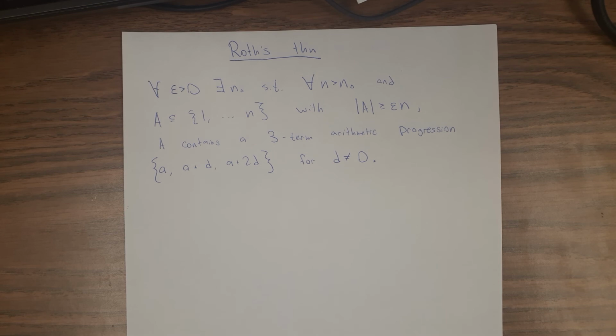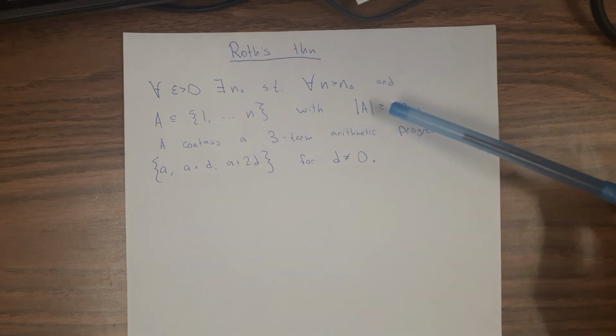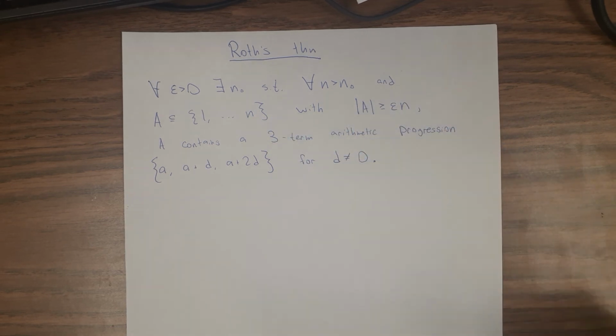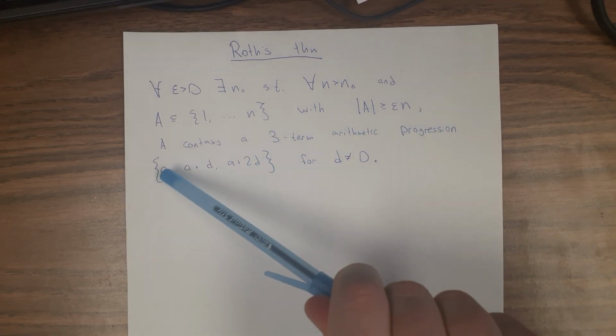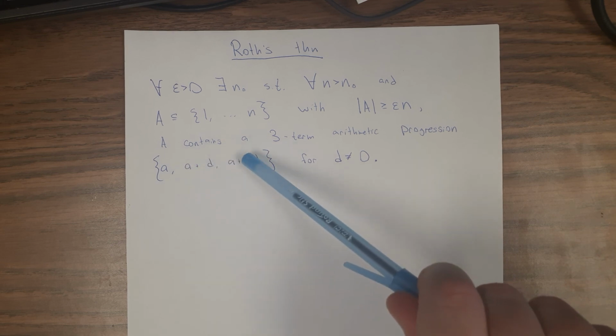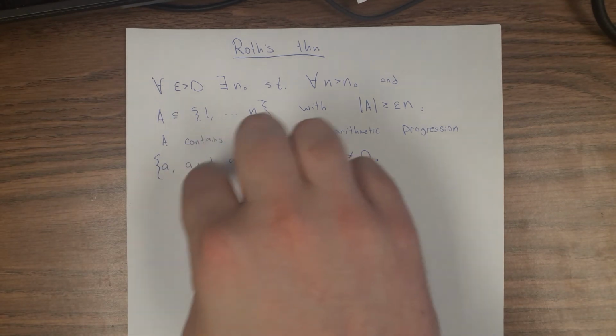And Szemerédi's regularity lemma was originally used to prove a generalization of this that is called Szemerédi's theorem. Szemerédi's theorem basically says, if you just replace the number 3 with the number k, a k-term arithmetic progression, you would go a plus d, a plus 2d, a plus 3d, a plus 4d, until you have k things.